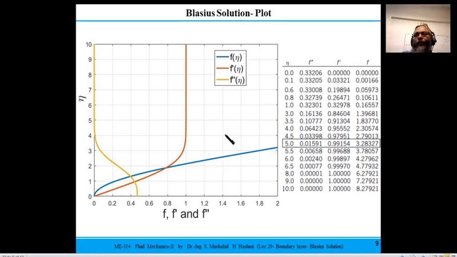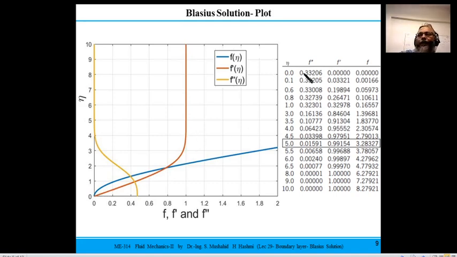The blue one is representing the function, and the brown one is representing its first derivative. The first derivative starts from 0 and approaches 1 as its asymptotic value. Its maximum value would approach 1. So this would be the plot of the first derivative.